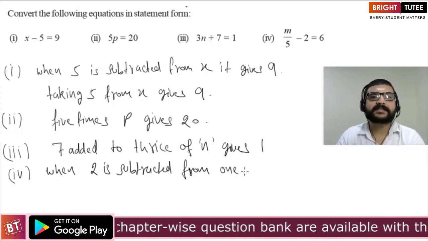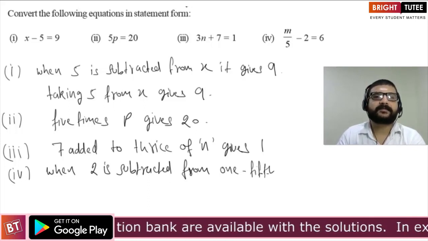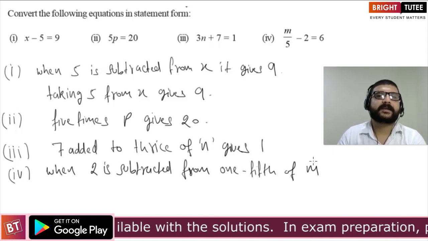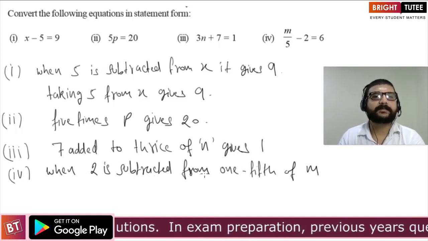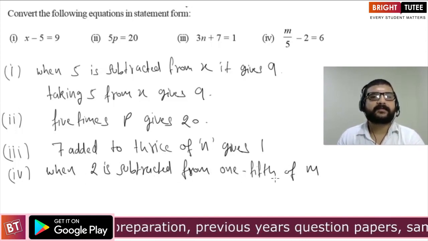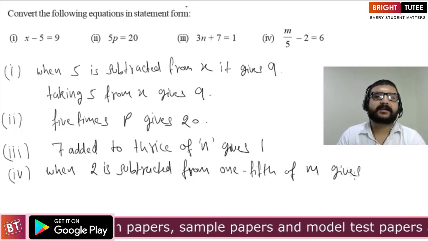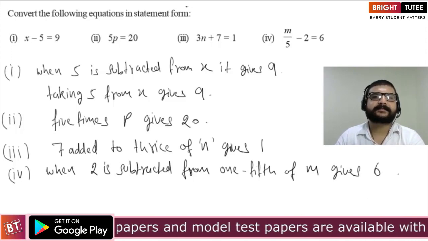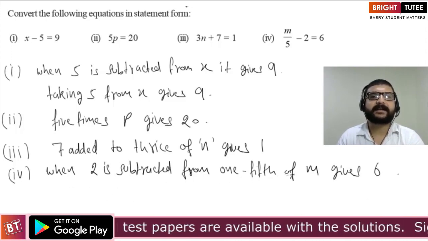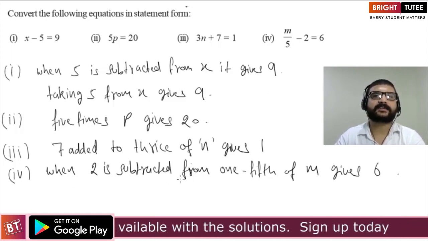When 2 is subtracted from 1/5 of m, or we can write it as when 2 is subtracted from 1/5 of a number m, gives 6. Now this can be the statement which will represent the fourth equation here.